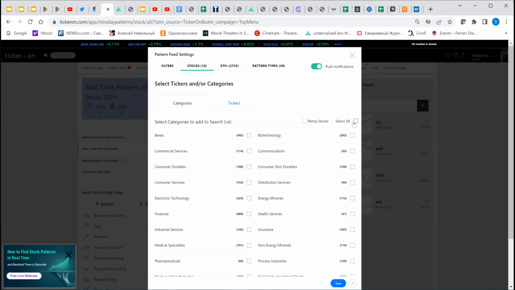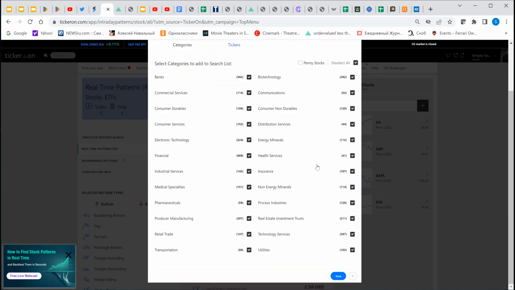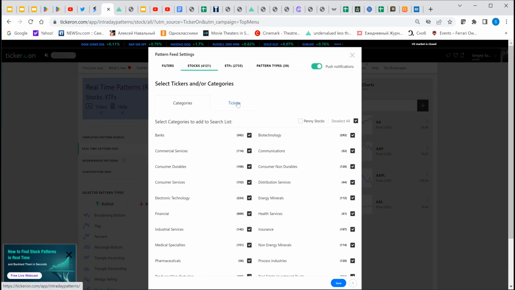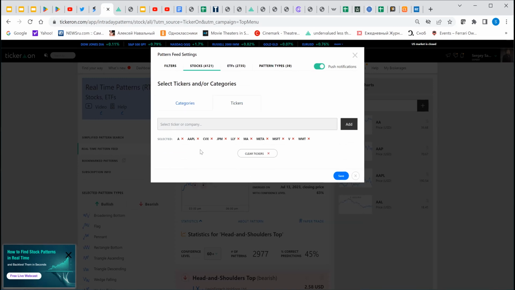You can say, okay, it's penny stocks, and then again, select what kind of categories, and these numbers identify the number of stocks per category, okay? So if you select all, then you are going to select pretty much all stocks, so you can unselect where you don't want to search, okay? So tickers, this is a customized field where you can add the tickers you really want to have.